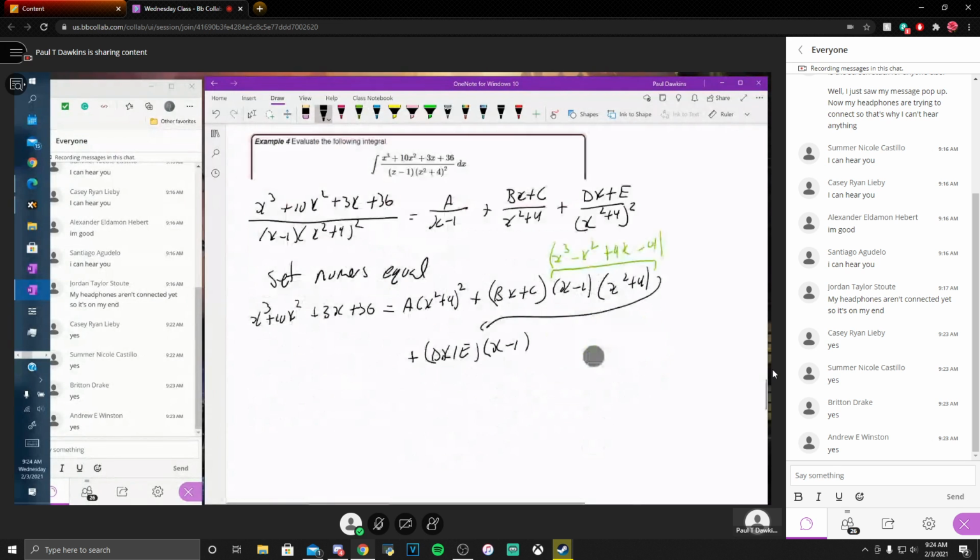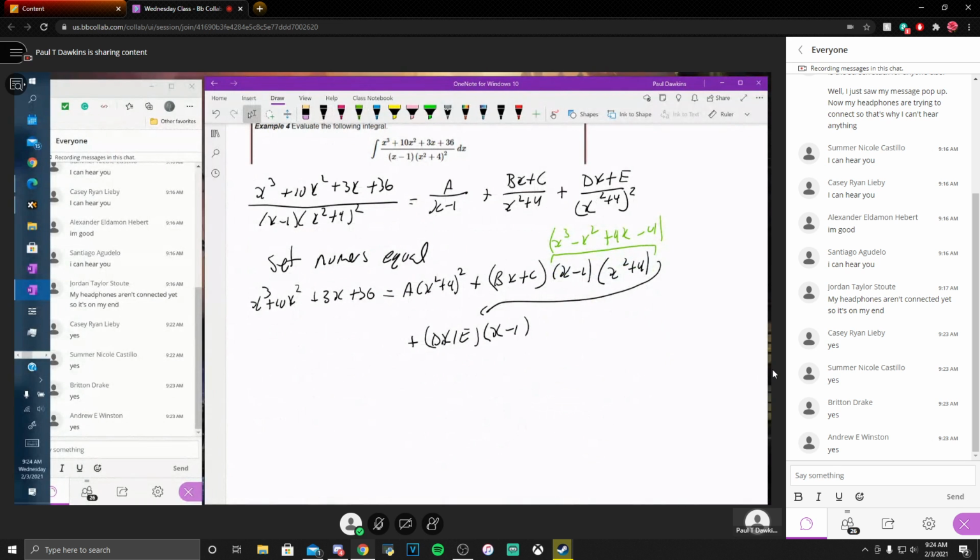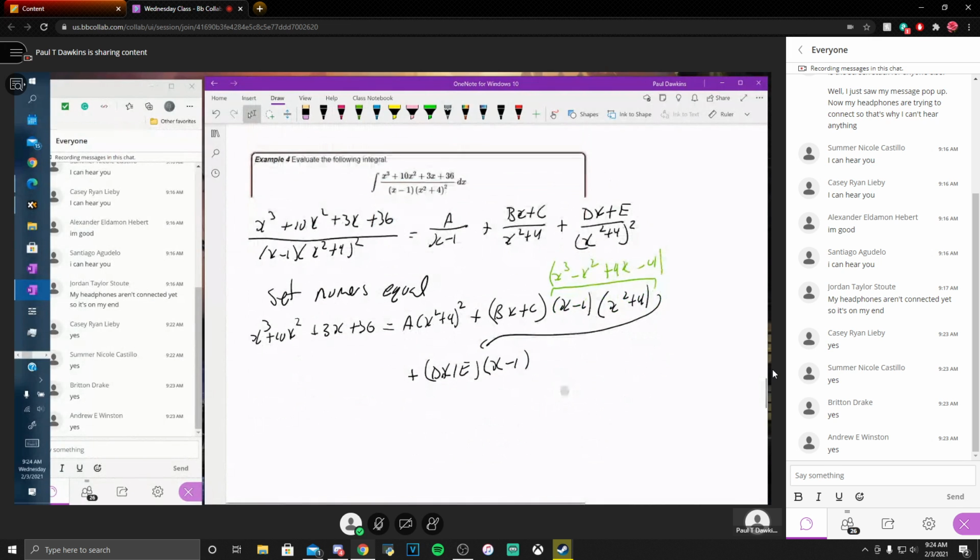Okay. So let's see here. Down here. Okay. A. Square that out. So x to the 4th plus a 16x squared plus a 16, I guess. Right? I hope. Plus bx times all that stuff.